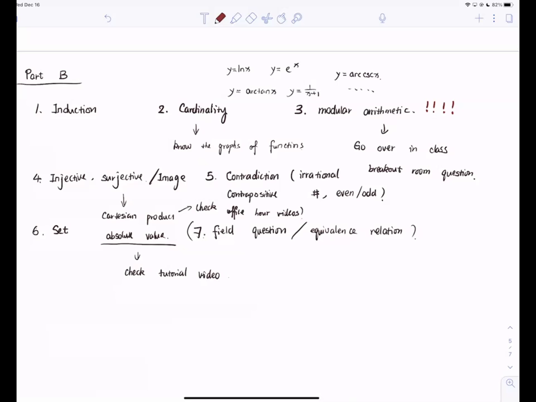I just want to know how to show symmetry with absolute value questions. For absolute value questions, okay, let me just mention it and I'm gonna leave. So for this, remember you can write this as this. Okay, always remember this. But I think with these absolute value questions in tutorials, so check that. And I think that's it.